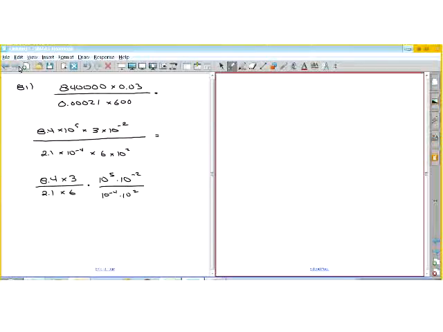Okay, let's do the numbers first. So let's see if we can just do some simplification. Well, we got 8.4 over 2.1. Notice 3/6 can become 1/2.